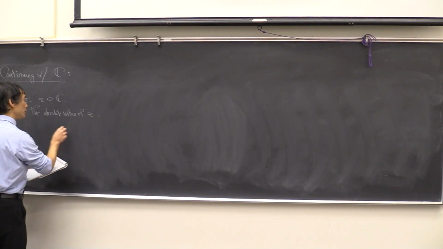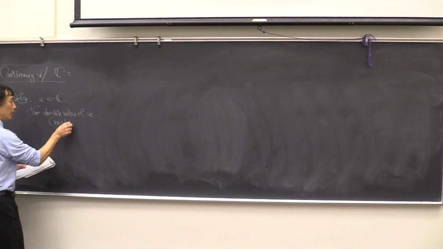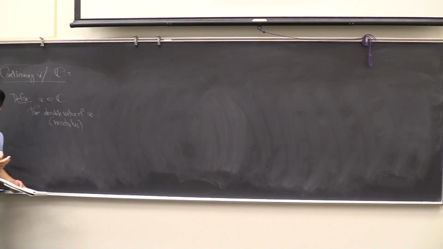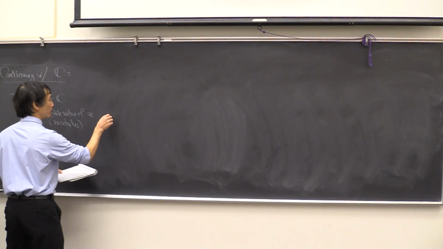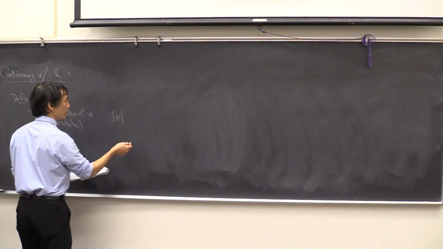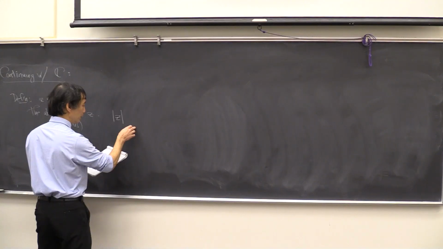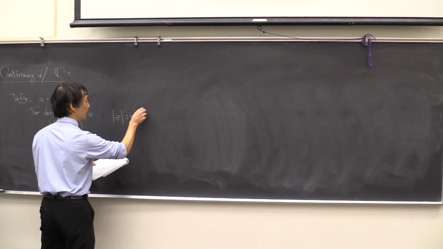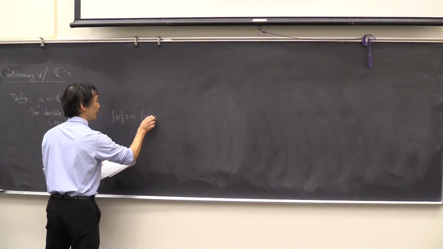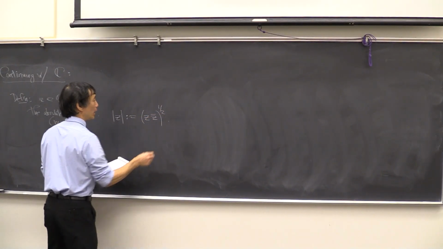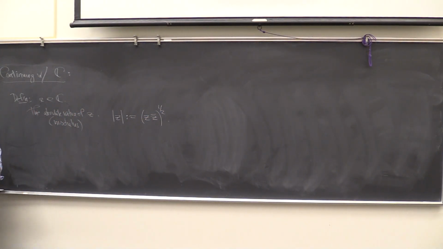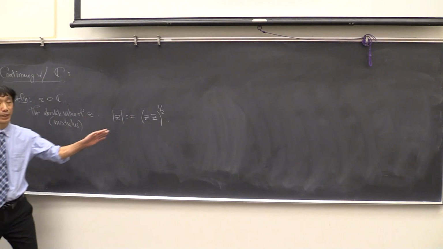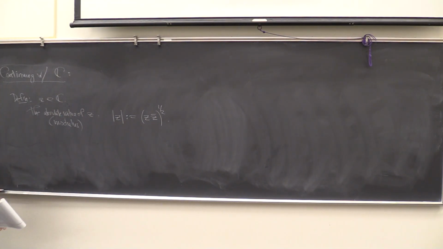of z, also called, I don't know why it's called this, but people often use the term modulus. The modulus of z, usually denoted like the absolute value, is defined to be the square root of the product of the number against its conjugate.